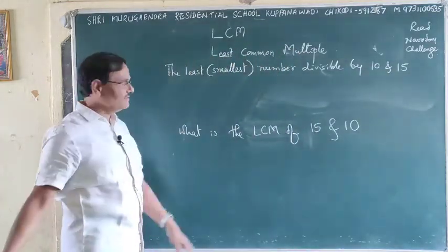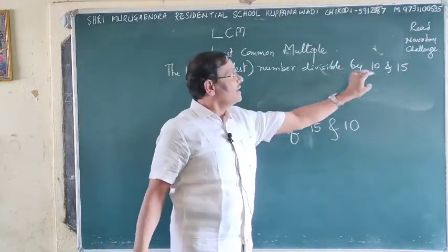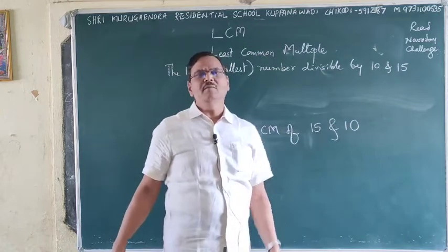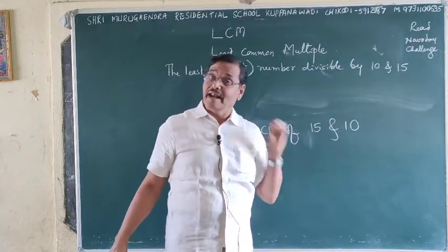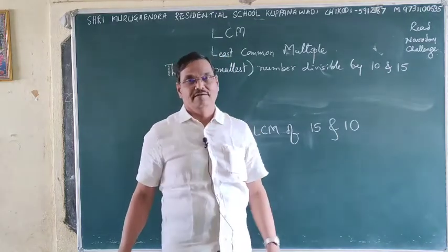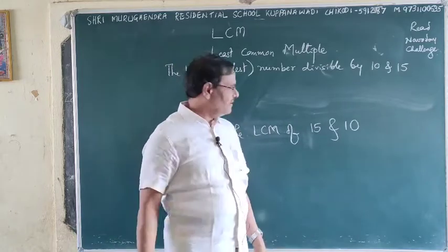What is the meaning of this? The least number divisible by 10 and 15. There are so many numbers that can be divisible by 10 and 15, whereas the smallest is only one. That we have to find. How do we find it?